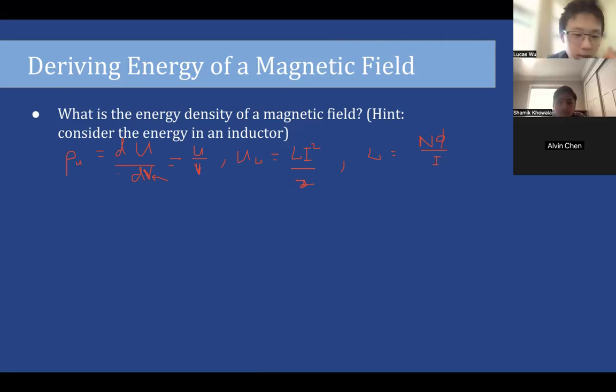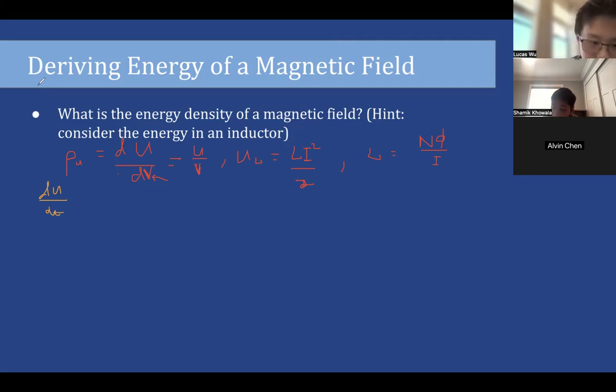Let's try doing this. Okay, we want to find U, right? So let's just go from the power formula we got. Remember we had dU over dt, that was our power.